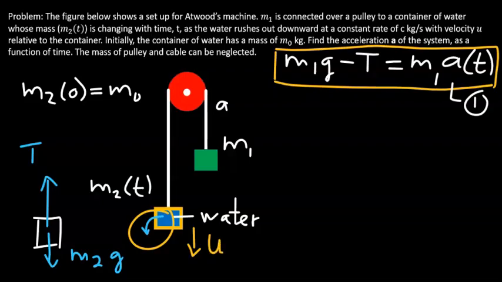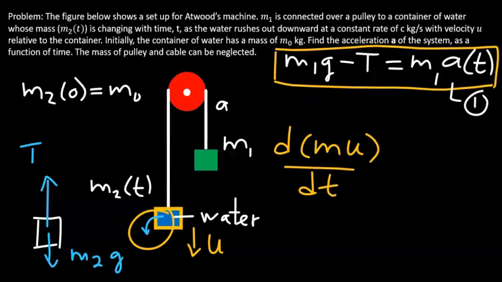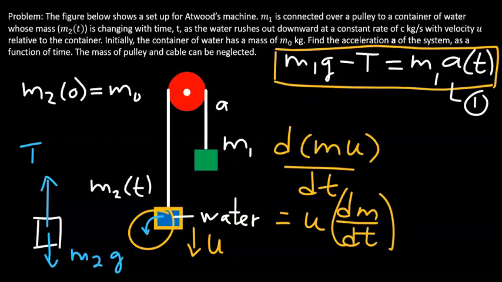So the rate of change of momentum here, which we can write as d(mu)/dt, since u is constant and can be taken out of that derivative sign, is u times dm/dt. However, dm/dt is c, which is a constant, so you can simply write it as u times c.